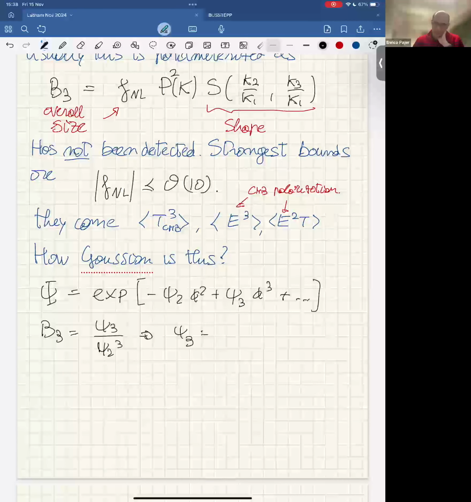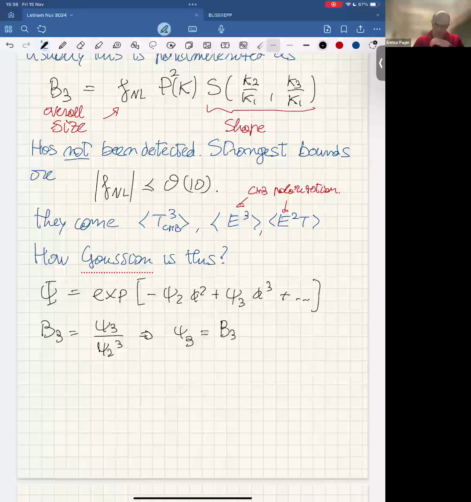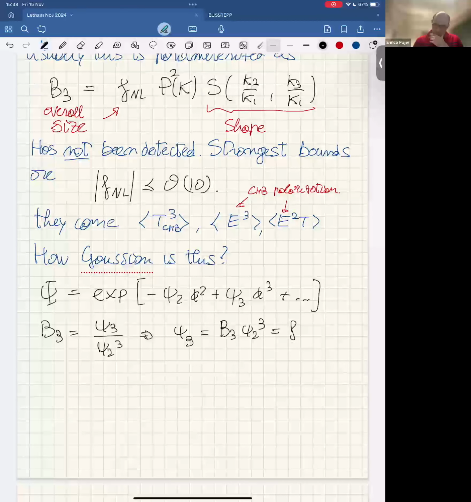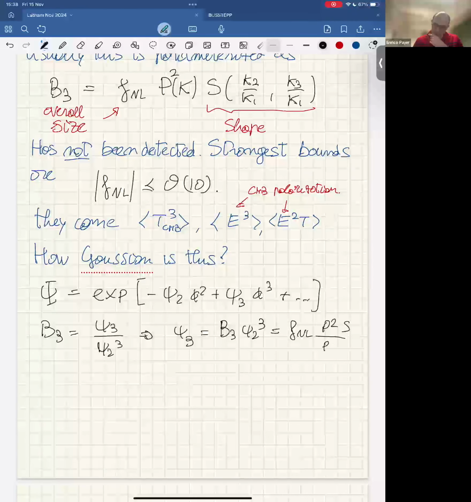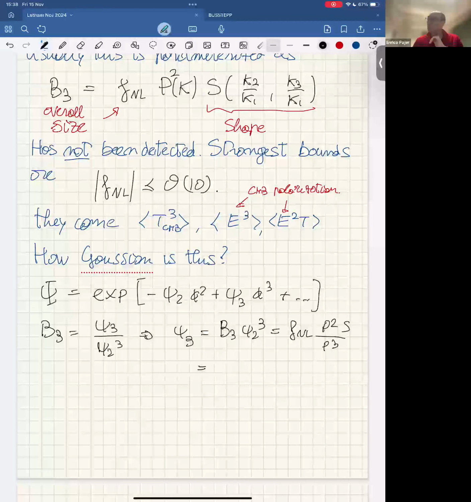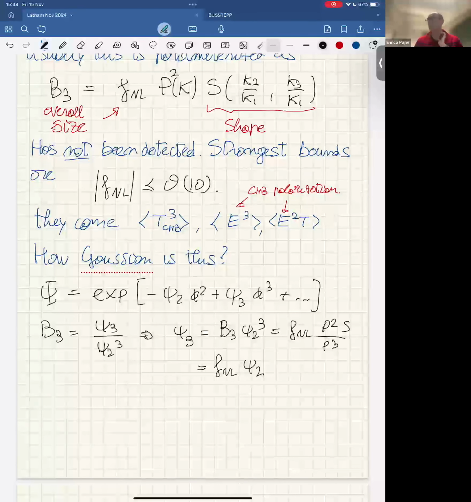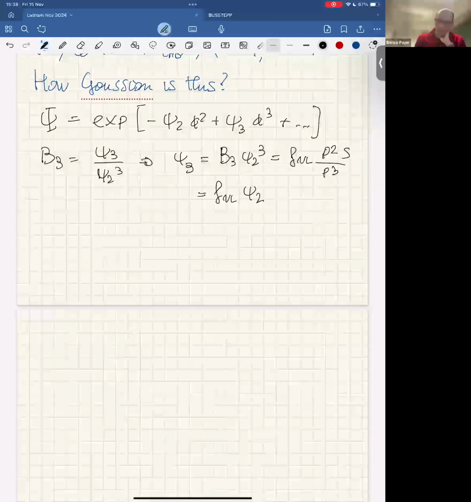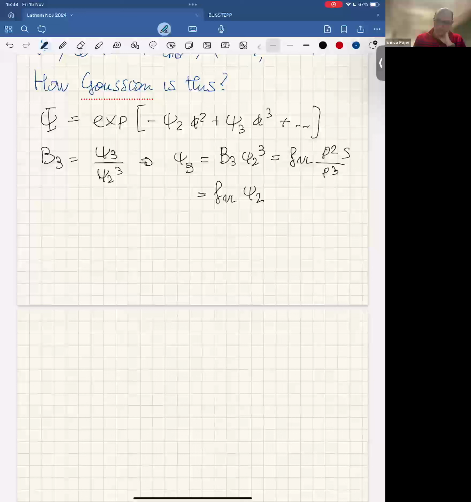Therefore, we can write psi 3 as B3 times psi 2 cubed. But this is the same as F_NL power spectrum squared times shape divided by power spectrum cubed. So this is equal to F_NL times psi 2 at the end of the calculation, because the power spectrum, remember, is 1 over psi 2. Hence, we continue our estimate.